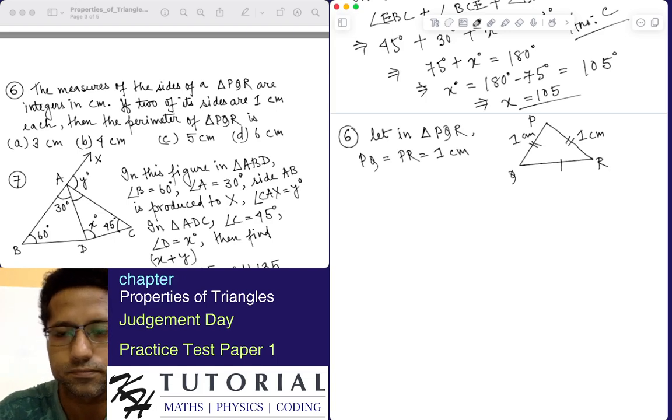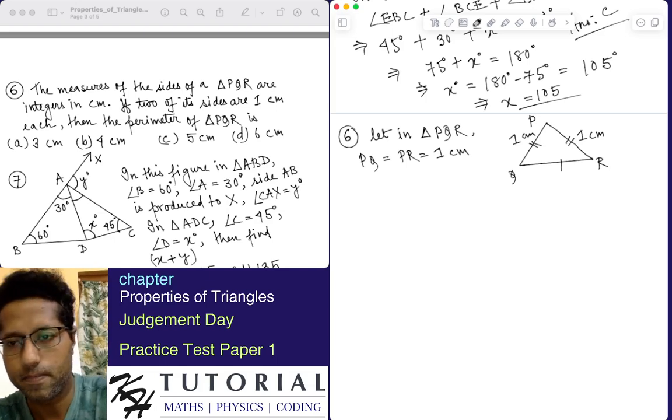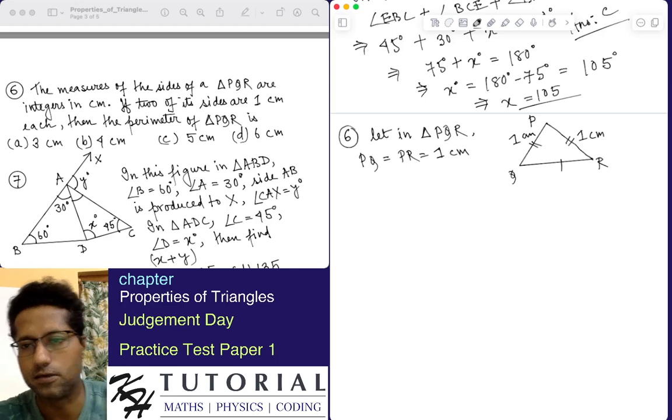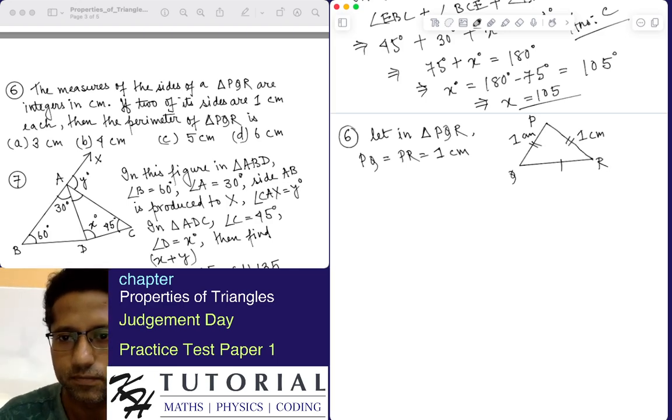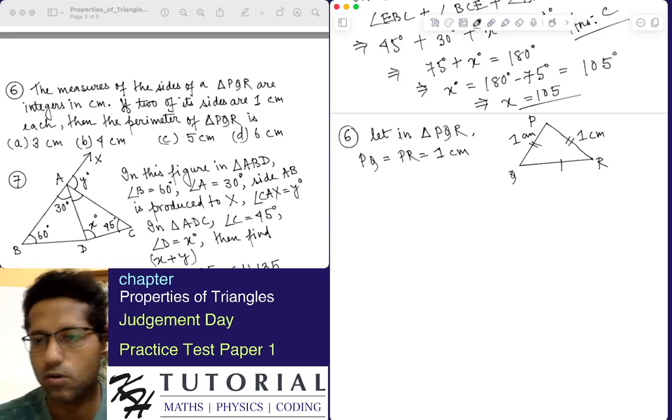Now we know from the triangle inequality that the sum of two sides is always greater than the third side. Also, the difference of two sides is less than the third side. We have discussed this in the theoretical part in the previous video.